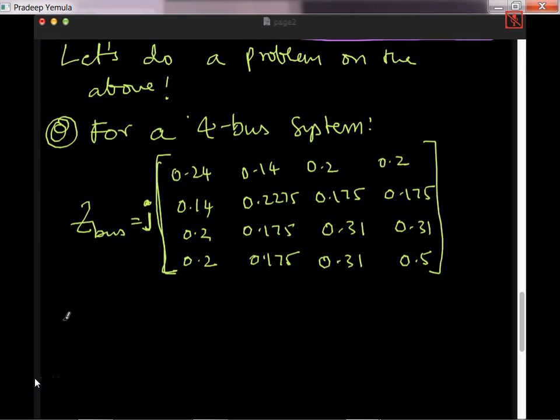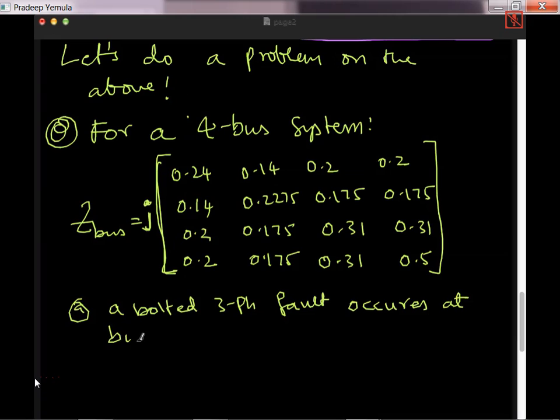Now the question is, part A. A bolted 3-phase fault occurs at bus 4.